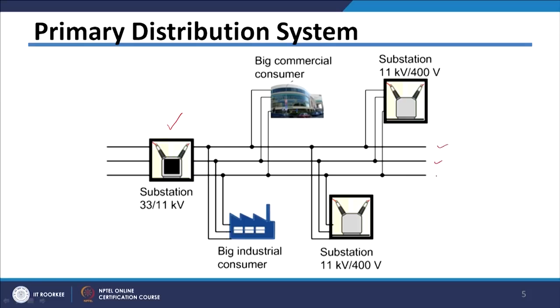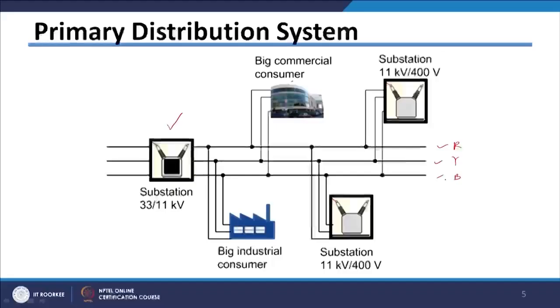So, there will be 3 wires R, Y, B at the 11 kV level. This feeder will be connected to different substations, which are 11 kV by 400 volt substations.